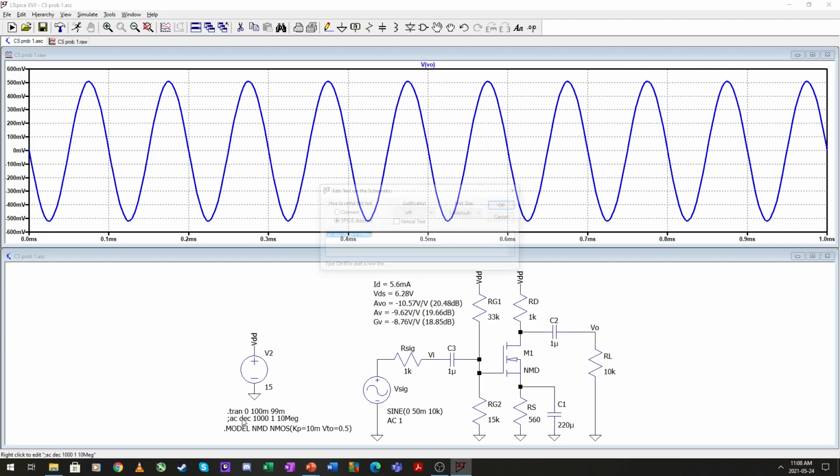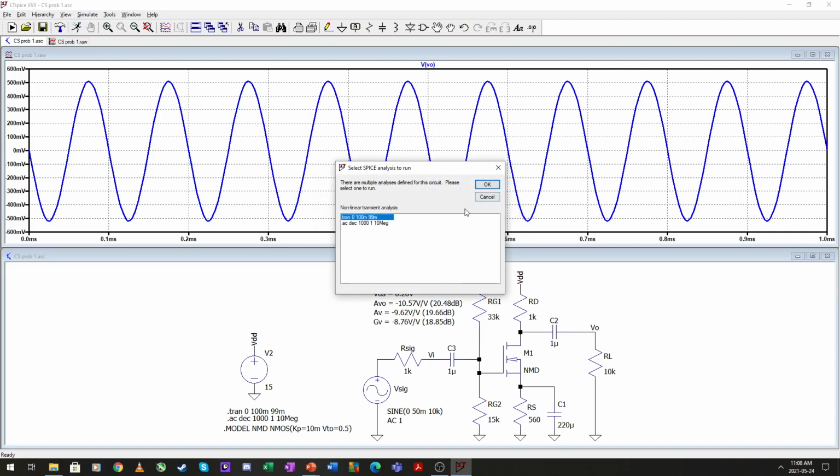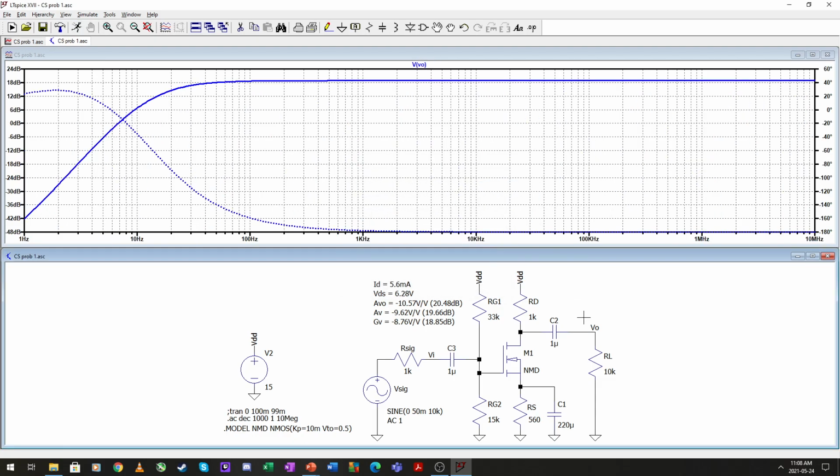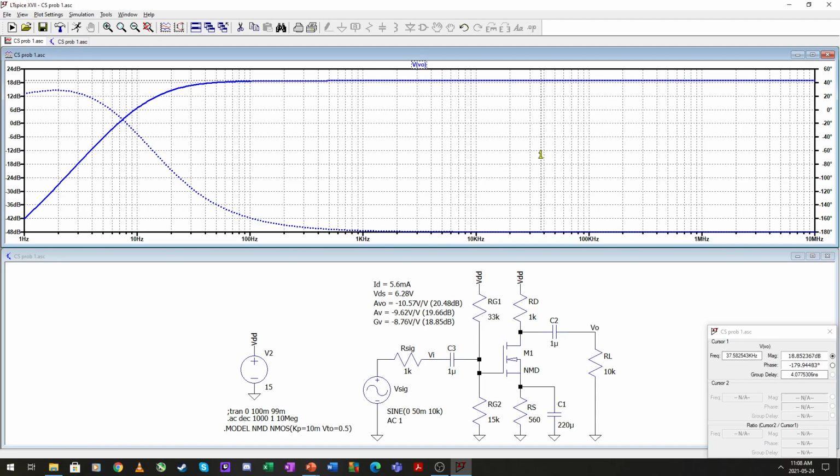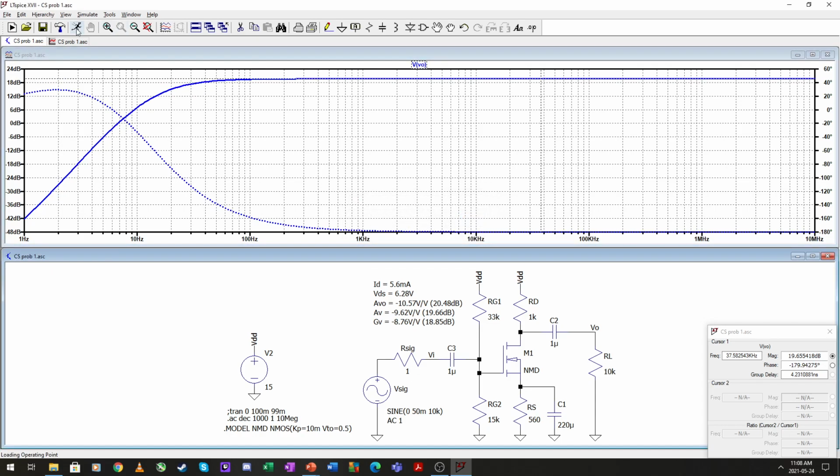Let's look at the AC quickly. Measuring here is our total gain, so 18.85 decibels. We want to see our loaded gain only, so make that 1 ohm. That's 19.655.